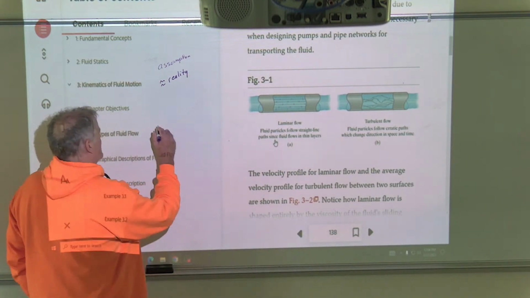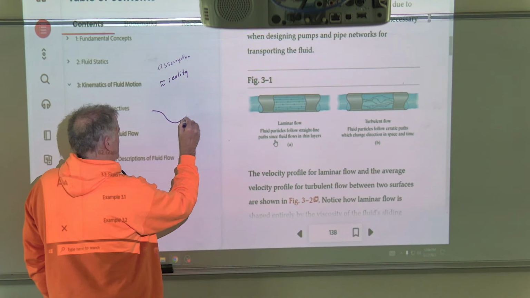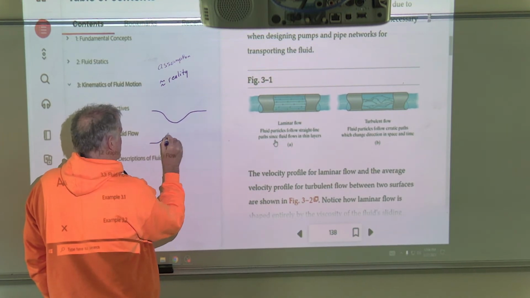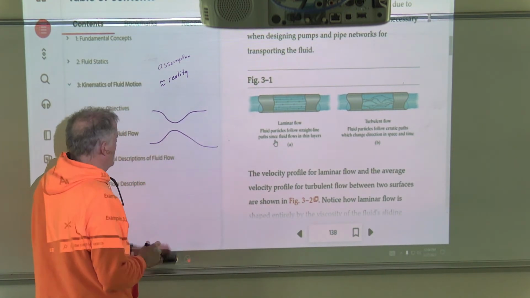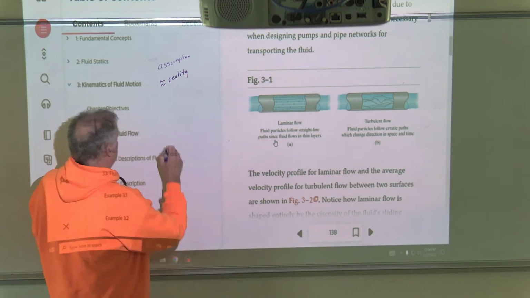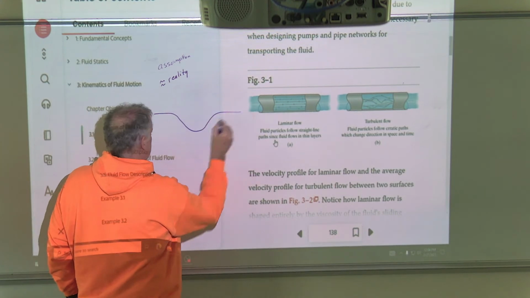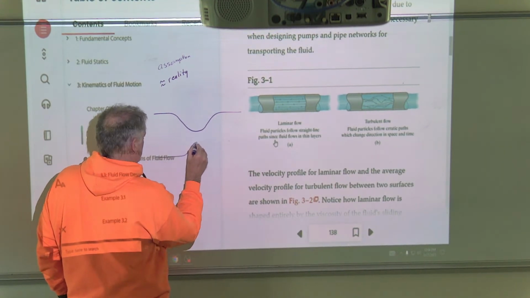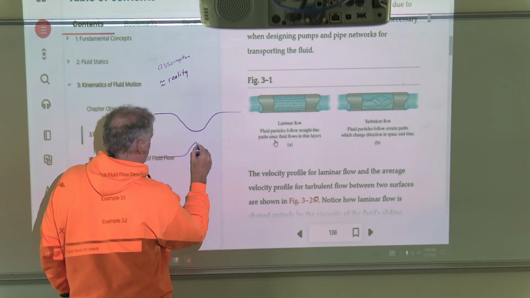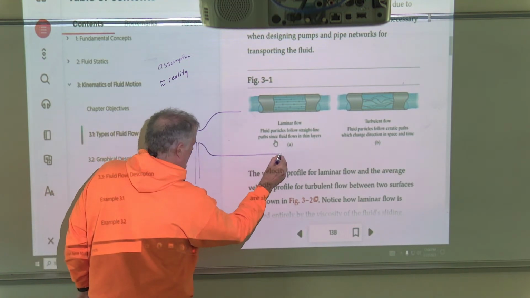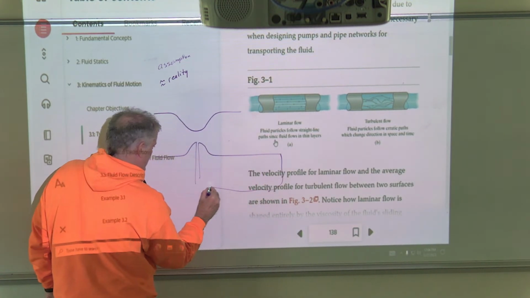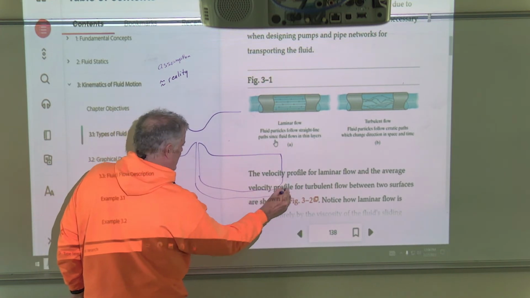The other case is when you get to flow measuring devices. Let's say you had a Venturi tube, and you put a tap right here, and then another tap way down here, and you're looking at the pressure difference between these two.